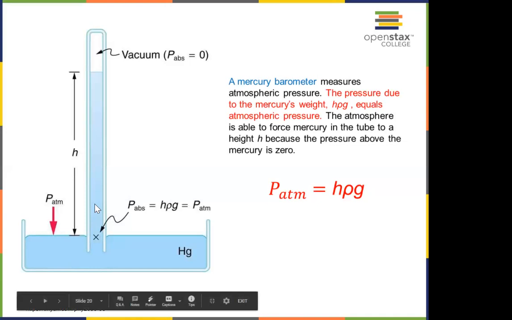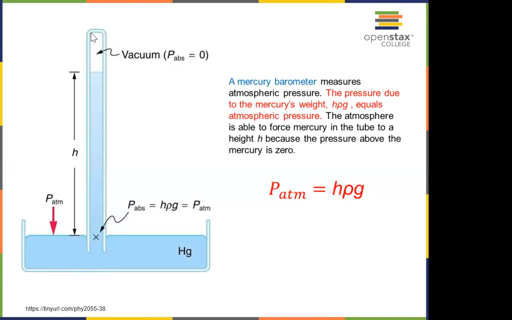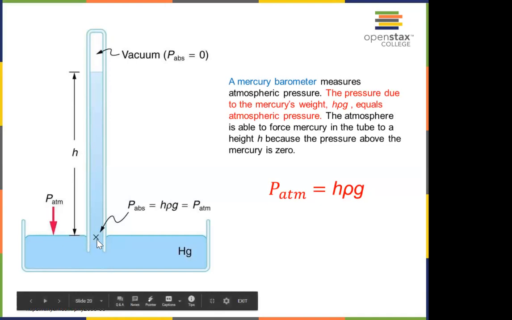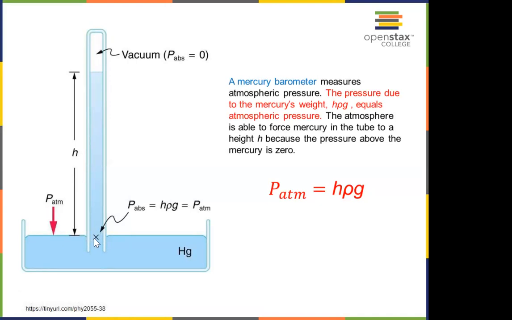Initially the mercury is up here, then it will be dragged down because of its weight. So a vacuum is created here. For vacuum, you have zero pressure. The pressure built up at this surface would be equal to the weight above this point divided by the cross-sectional area.